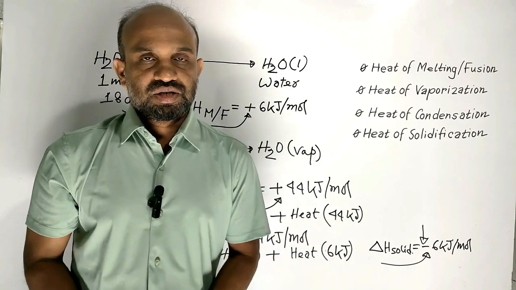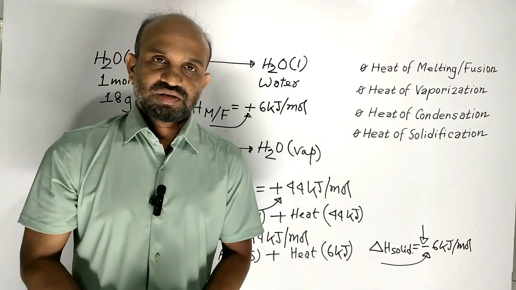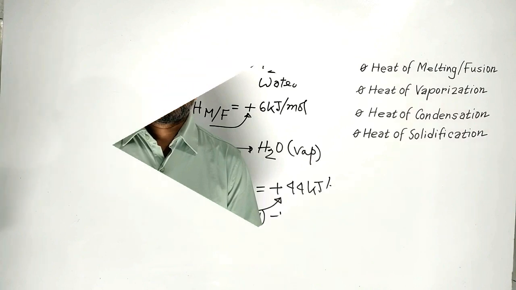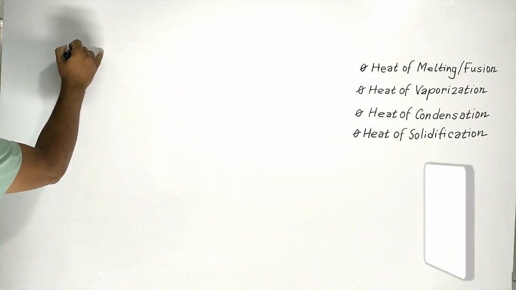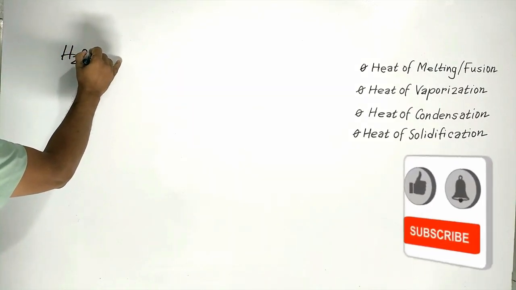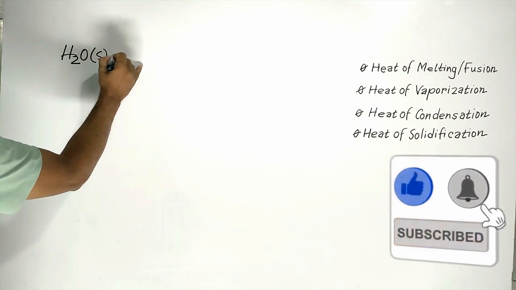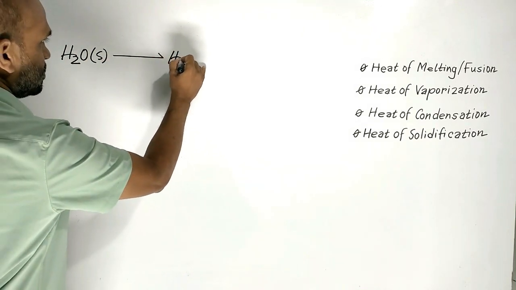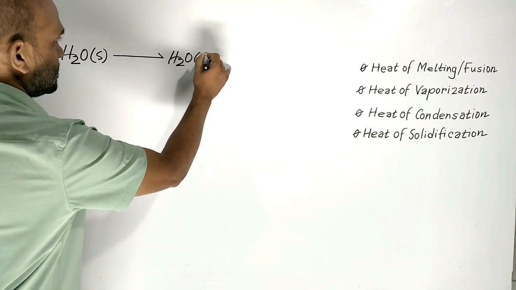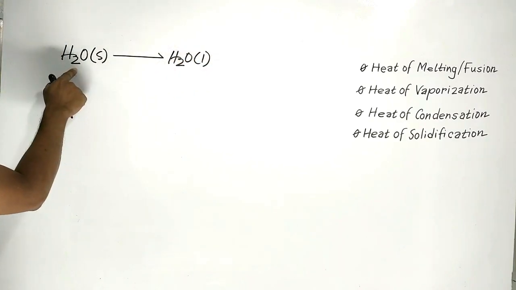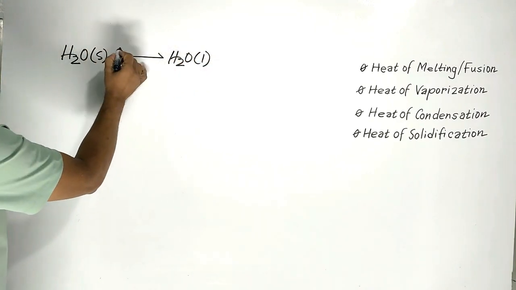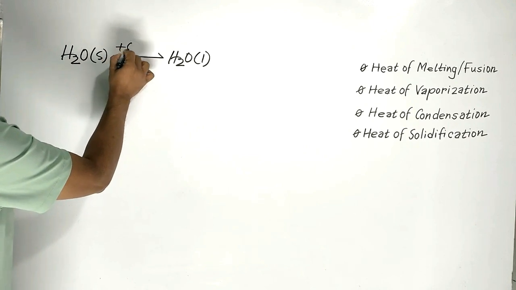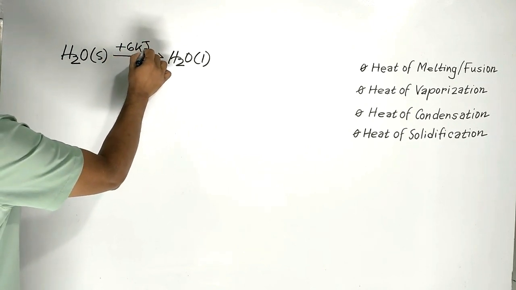Now, let us see these 4 points at a glance. 1 mole solid, when this is converted to 1 mole liquid, then it receives some amount of heat, which is 6 kilojoule.